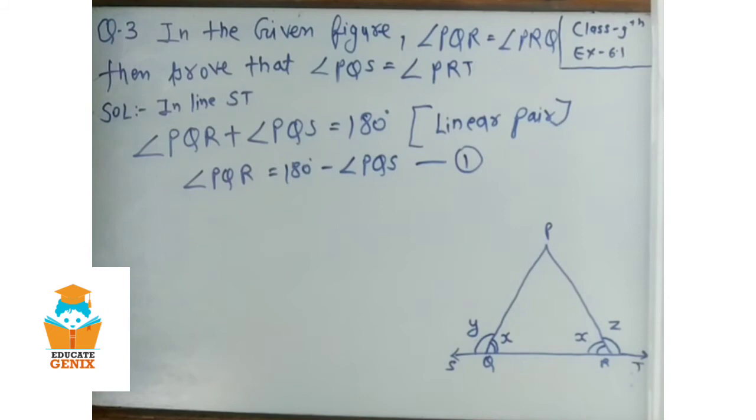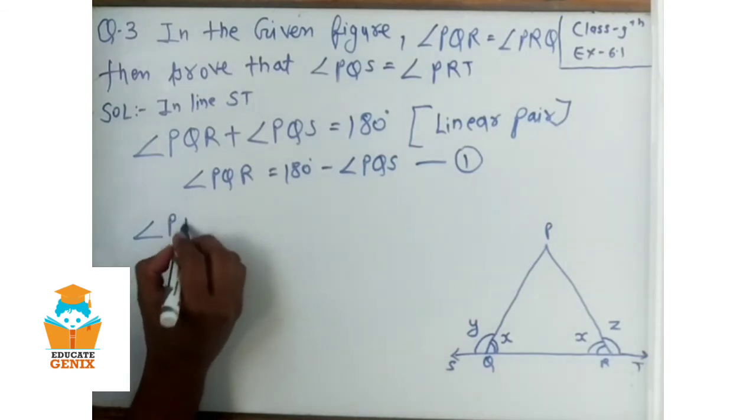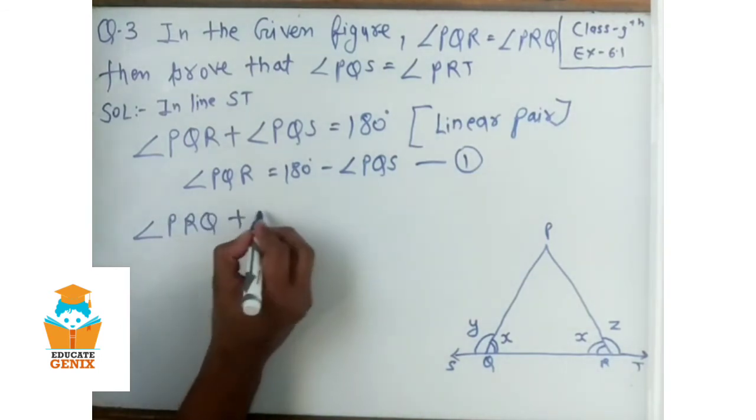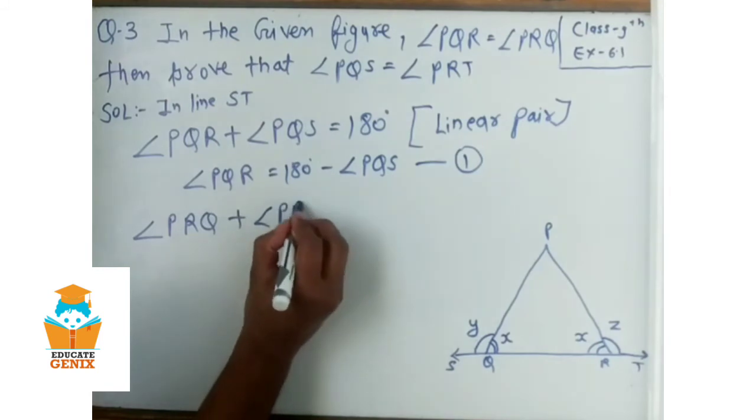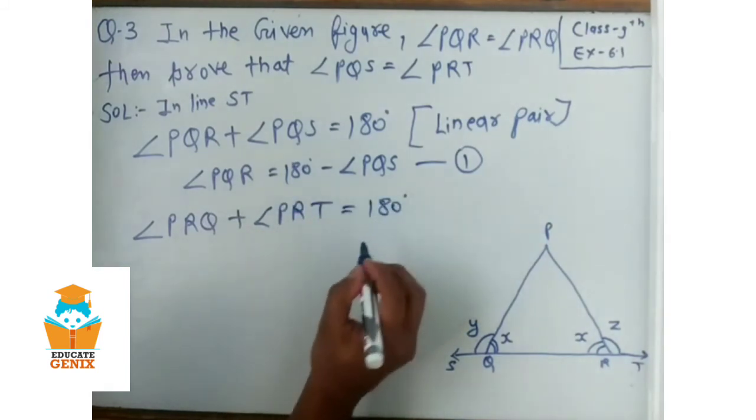On the straight line, there is another point which is R. Therefore, the sum of angles on a straight line is also 180 degrees. Therefore, angle X plus angle Z is also 180 degrees. So we can write that angle PRQ plus angle PRT equals 180 degrees. How is it possible?